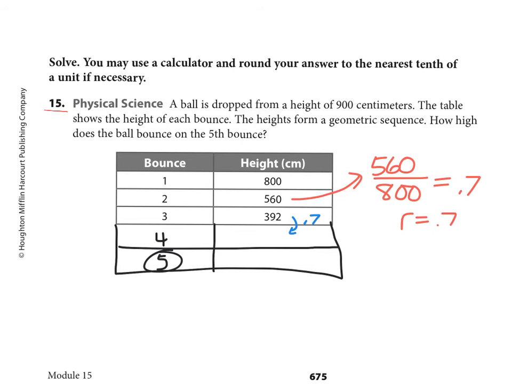Okay, so 392 times 0.7, and that is 274.4. Then I take that and multiply that times 0.7, and that gives me 192.08. It says round to the nearest tenth, so that would round to 192.1.